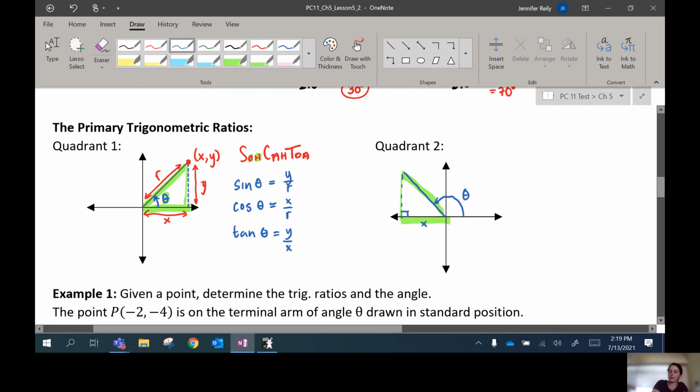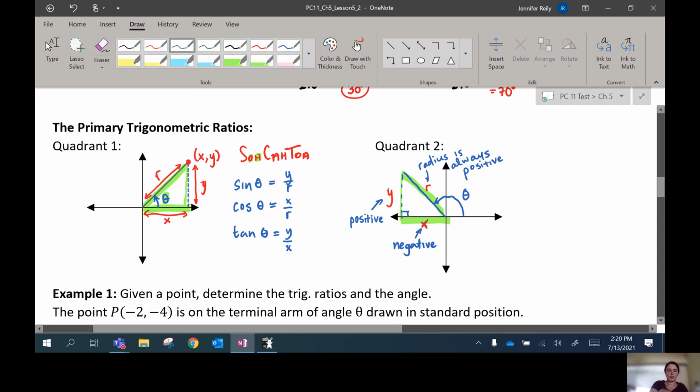This one is going to be x, and remember that since we're in the negative part of the x-axis, this is going to be negative. This will be y still, and this will be r. y will be positive because we're in the positive part of the y-axis. And the radius is a length, so it's always positive.